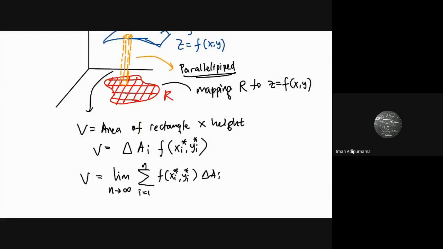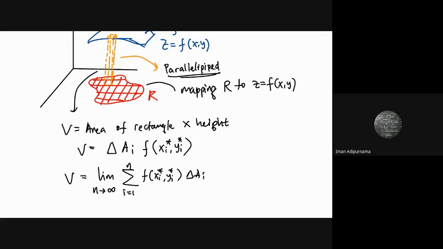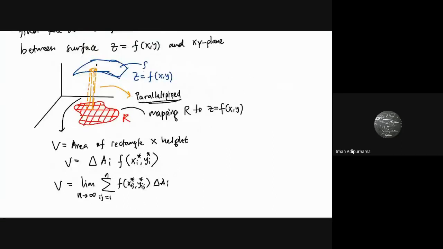And this is actually not just i, but it's also j, because it has x and y, right? So this is i and also j, starting from i equal 1 and j equal 1.